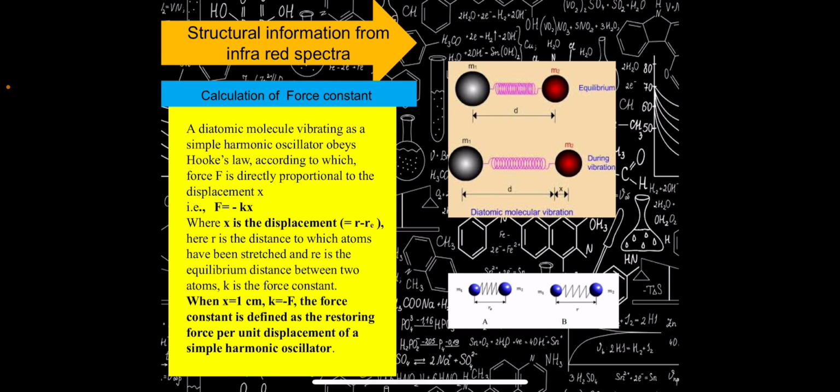As I have already discussed, a diatomic molecule vibrating as a simple harmonic oscillator obeys Hooke's law, according to which the restoring force is directly proportional to displacement x, where x is equal to r minus re.